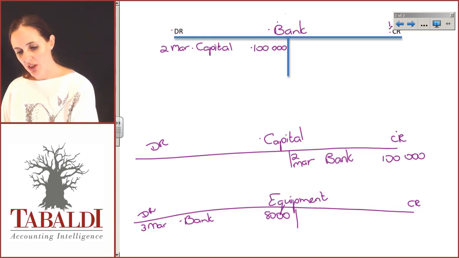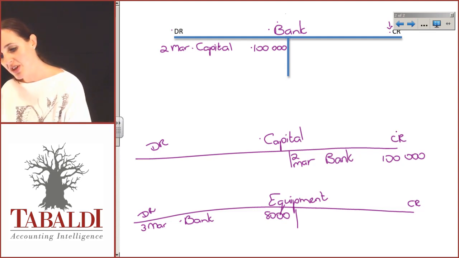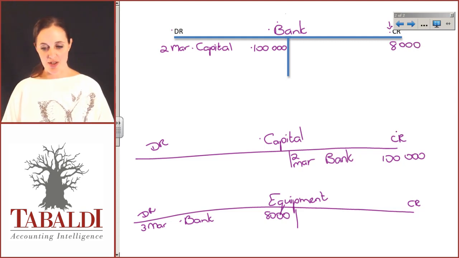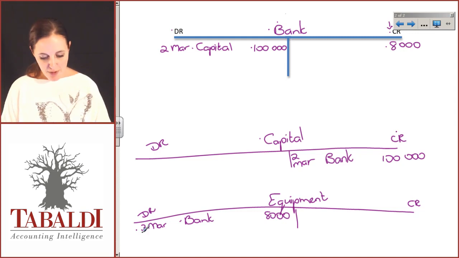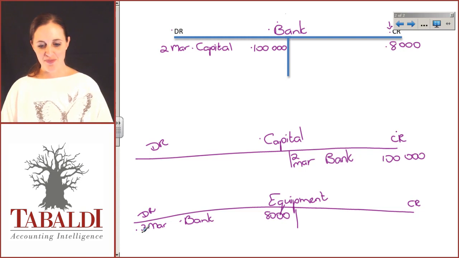Are we happy to put this in credit? Well, yes, we are, because he's taken 8,000 Rand out of the bank account and he has bought equipment with it. So your bank account is going to decrease by 8,000 Rand. So we can see that for every debit, there is a credit. So if you got the debit right, it's a lot easier to say, okay, where would the credit go?